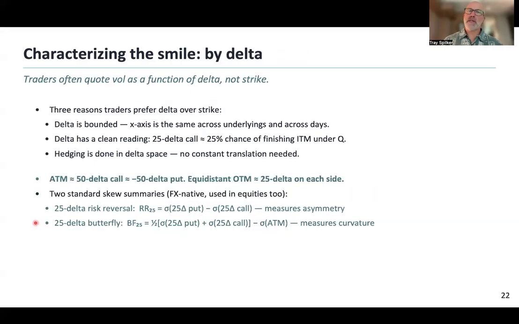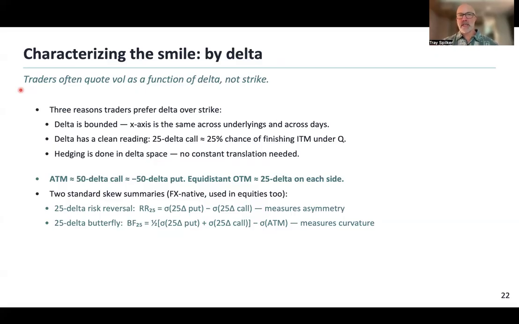Okay, so let's characterize the smile by using delta. We're going to be using delta to talk about the volatility, if you will, or the price, if you will. This is the dominant convention, particularly in foreign exchange options and increasingly common in equity options as well.